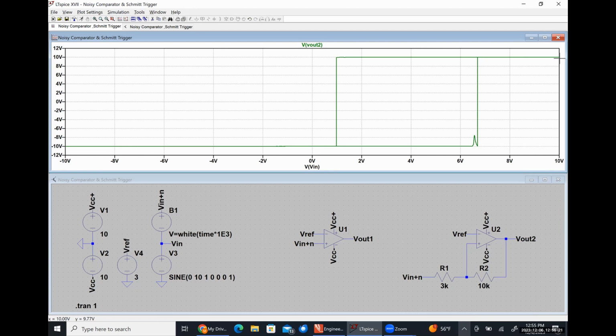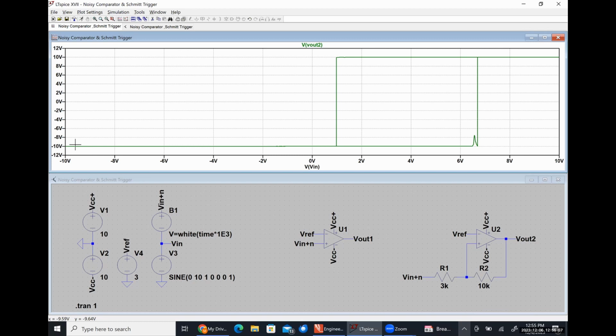And then it stays high. As we bring our input voltage back down, it's actually going to stay high until we get to this point right here, at which it transitions back to low. So effectively, we have what's called latching going on. Our output doesn't change states until we go beyond some threshold, and then it changes states to up, and then it stays up until we go beyond some other threshold, at which point it goes back down.